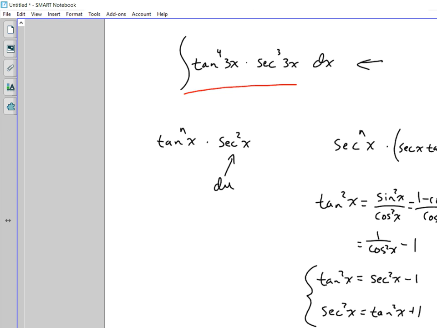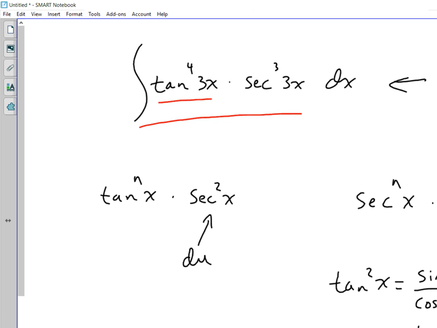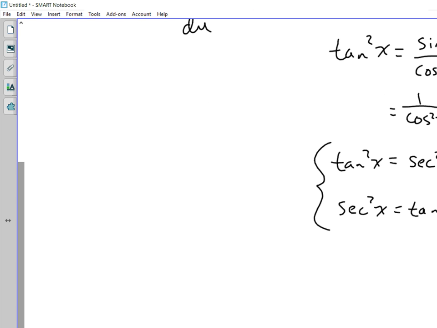Right, okay. So let's take a pair of those tangents. Break that one up. So now one of my tangent squareds is still there, and this is going to become secant squared.